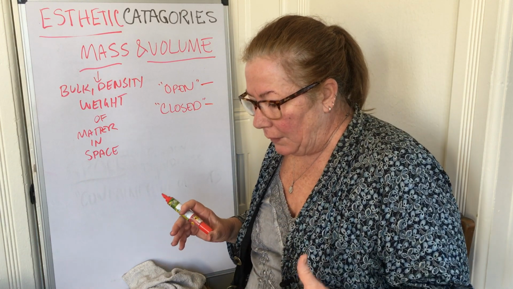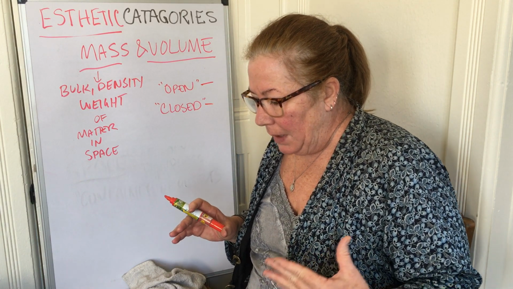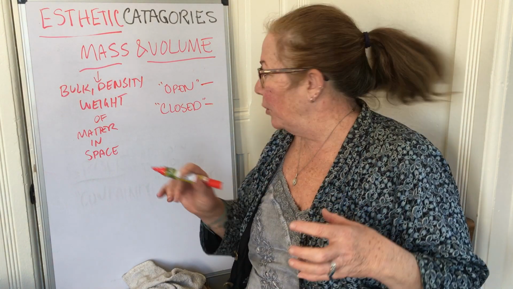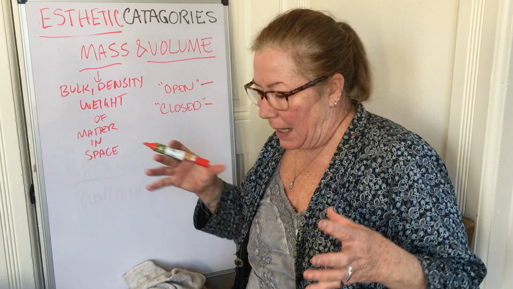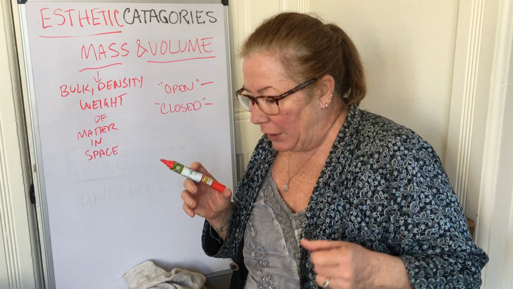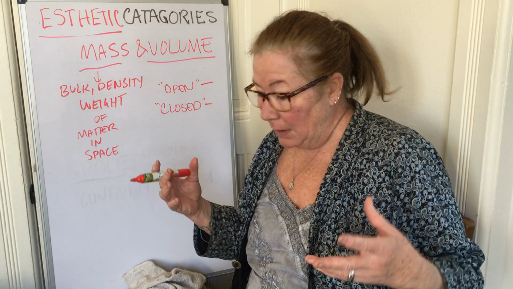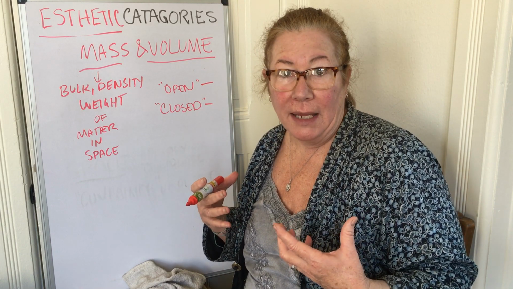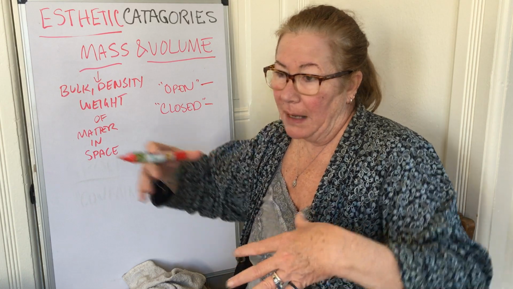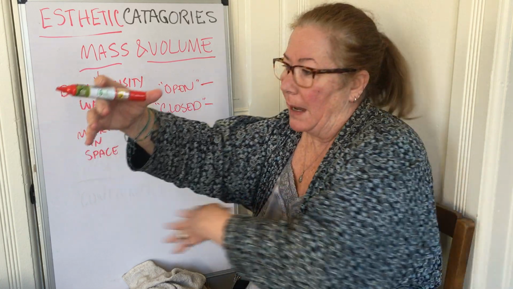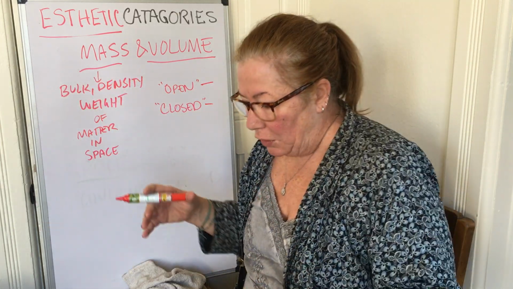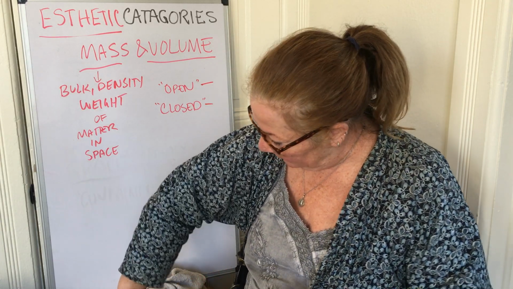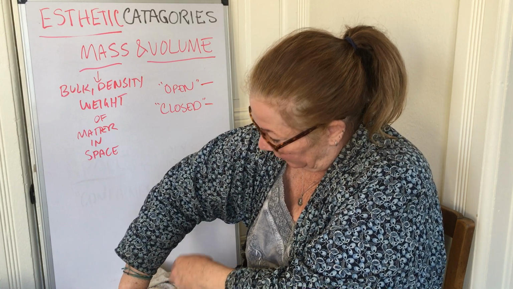And volume is often used to describe how the mass of the artwork, that bulk, density, or weight of the artwork, interacts with the space around it, or the volume of both, right? The interior space. If it's an open sculpture, there might be interior volume as well. So, for instance, if my arm is like this, there's volume in here.